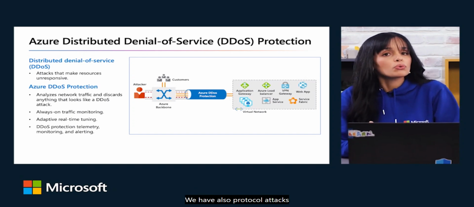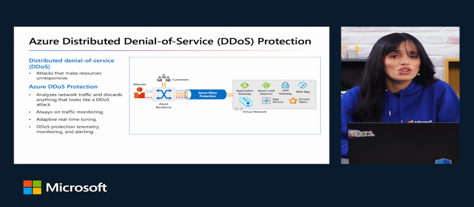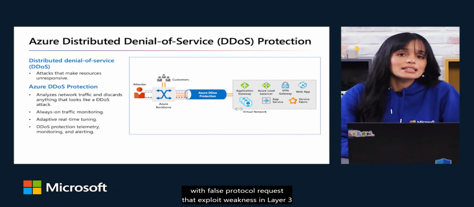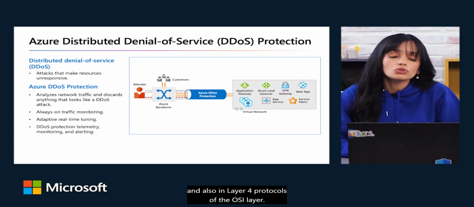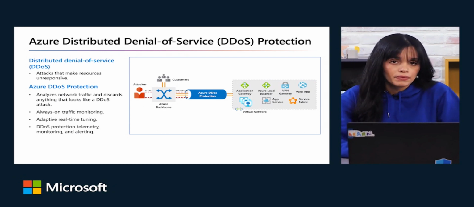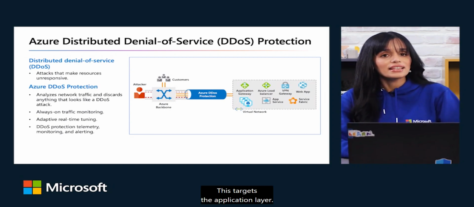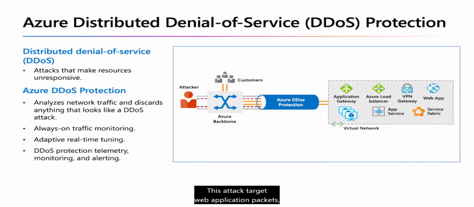We have also protocol attacks, and these focus on exhausting the server resources with false protocol requests that exploit weaknesses in layer 3 and also in layer 4 protocols of the OSI layers. The 3rd type of attack is resource, and this targets the application layer. This attack targets web application packets, so it's going to focus on the 7th layer of the OSI layers.